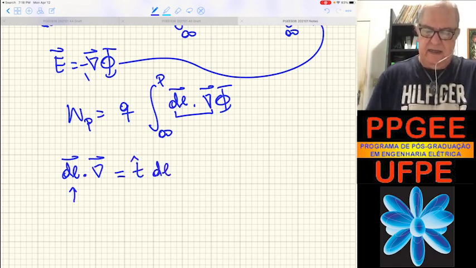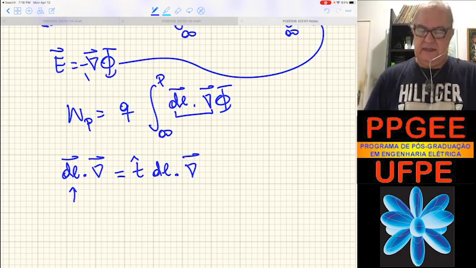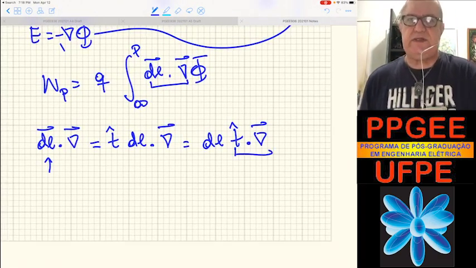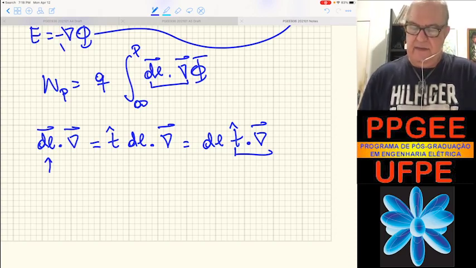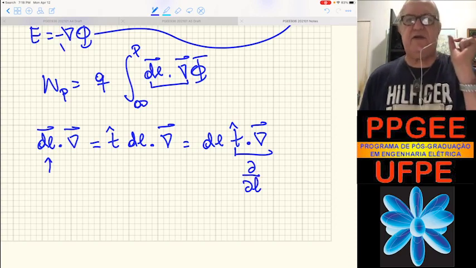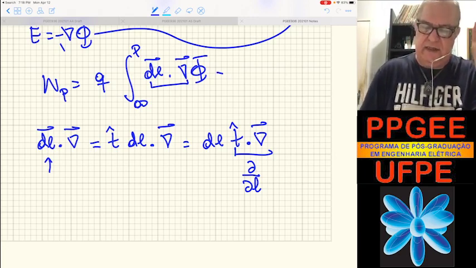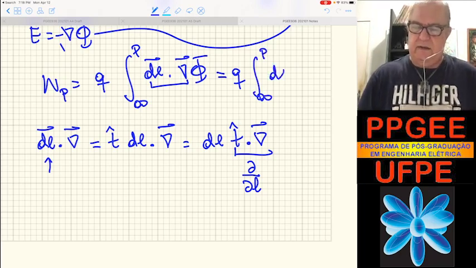So this is dl t dot nabla. Well, t dot nabla by definition is the projection of the nabla operator along the tangent direction. But here, the projection is simply the derivative relative to the differential length, dl. So this in fact is Q times dV, the differential of the potential, right?